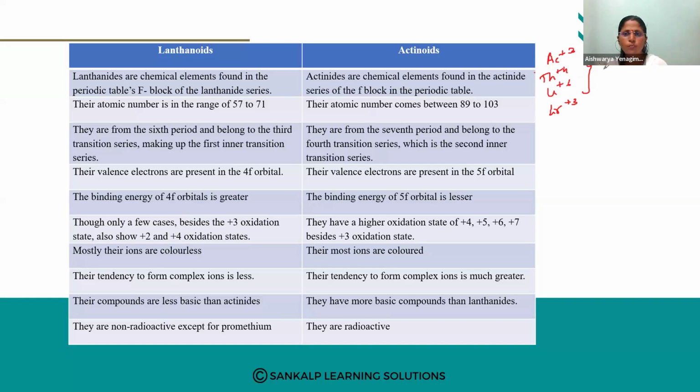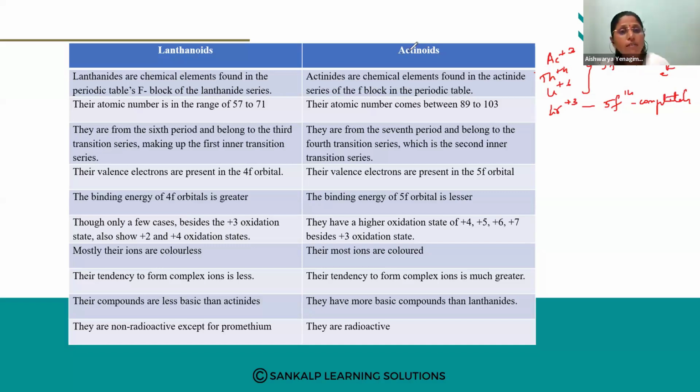Here the configuration is 5f14. Either there are no unpaired electrons, or it is completely filled, so there are no unpaired electrons. Because of this, these particular ions are diamagnetic. Otherwise, the ions of actinides are paramagnetic.